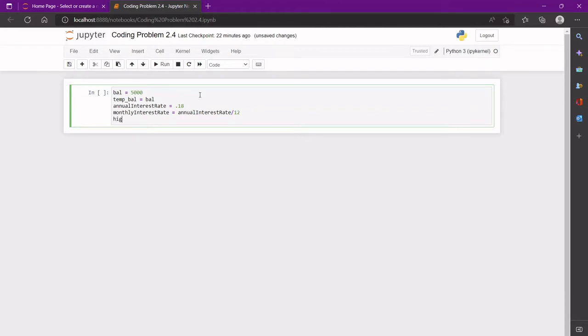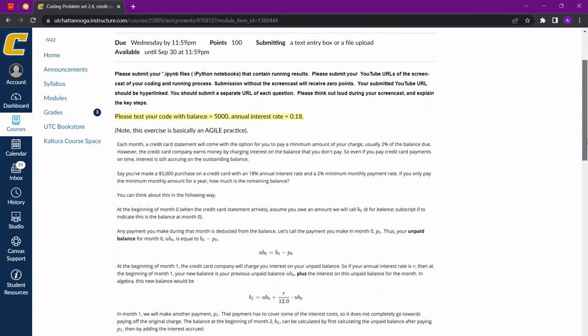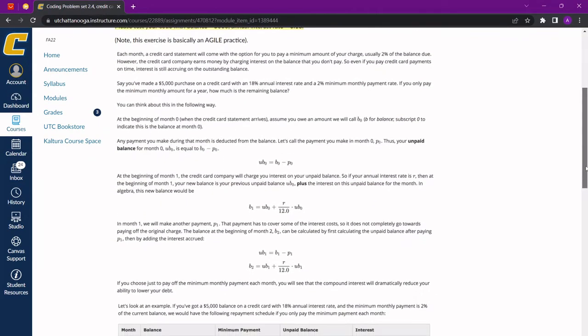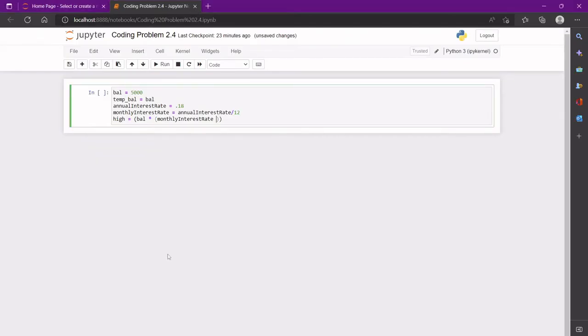And then we're going to have our high and low. So our high is going to equal the balance times the monthly interest rate. And looking down here, 1 month, it's going to times 1. No, plus 1.